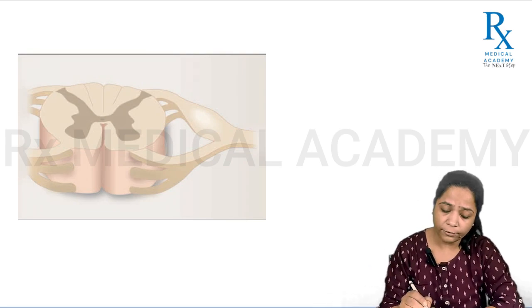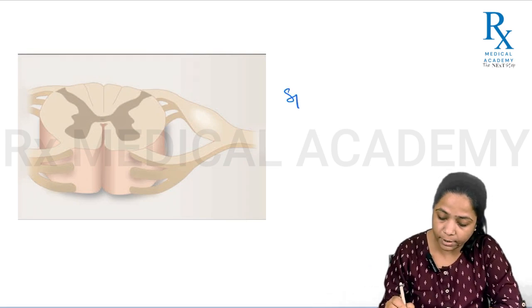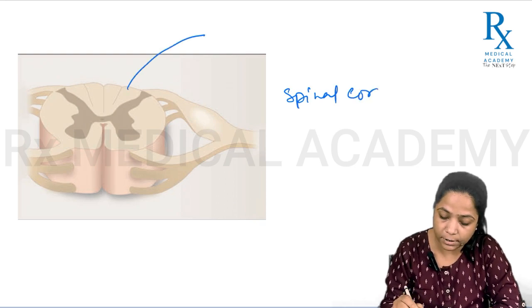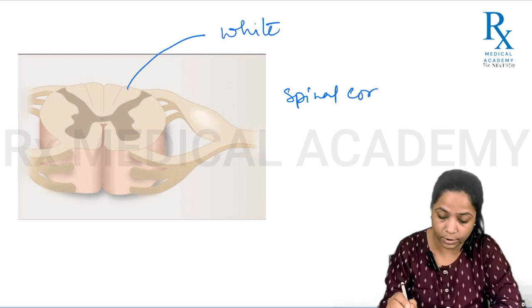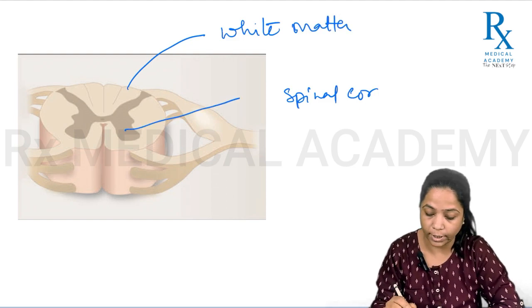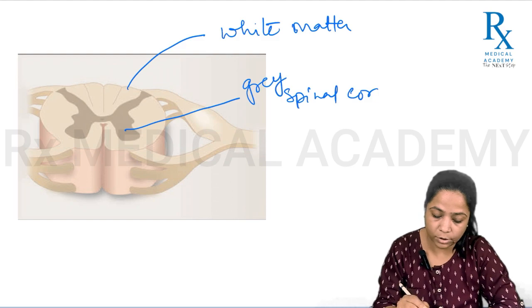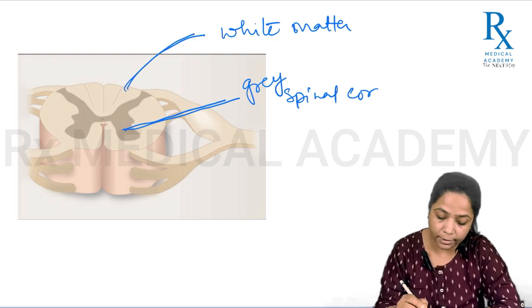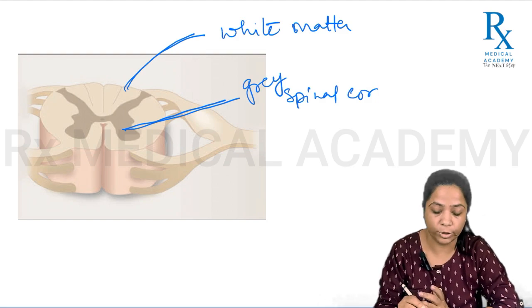If we look at the cross section of the spinal cord, this is the lighter area, which is known as white matter. Then we have the darker area, which is known as gray matter. In a spinal cord, the gray matter is arranged in a projected form.